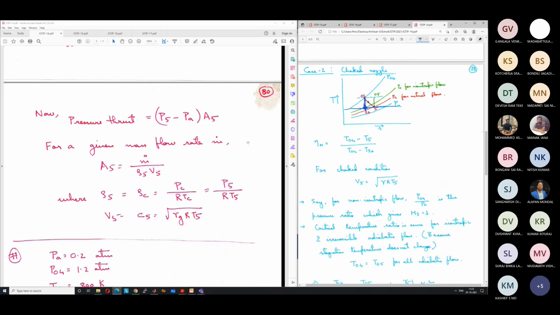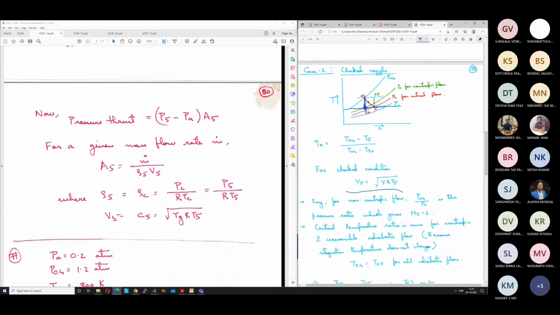To find A5, we can use the mass flow rate we have discussed. So mass flow rate is equal to density into area into velocity. So m dot is equal to rho 5 A5 V5. So A5 is equal to m dot by rho 5 V5. V5 we have already calculated here, and rho 5 is nothing but critical density at the choked condition, which is P by RT.